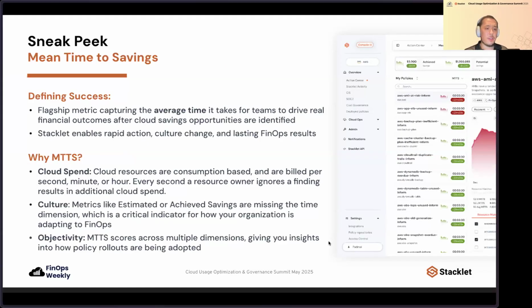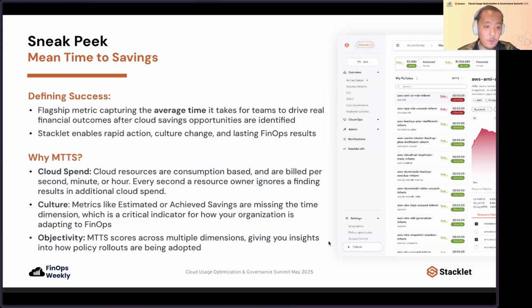We've been talking about mean time to savings a lot, and we'll be embedding that more directly inside the product experience in terms of being able to understand how you're doing on a variety of dimensions, right? On a per policy basis, on a savings bucket basis, in terms of, are you saving money faster for these smaller opportunities or medium size or large opportunities?